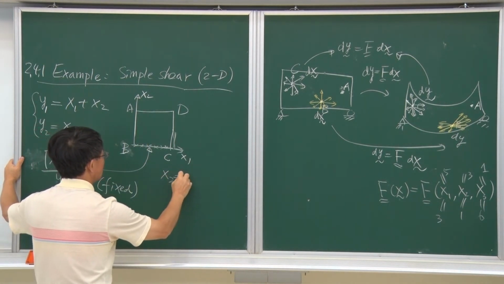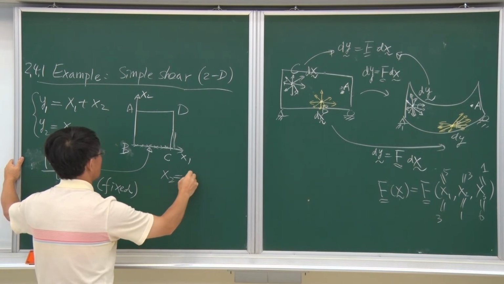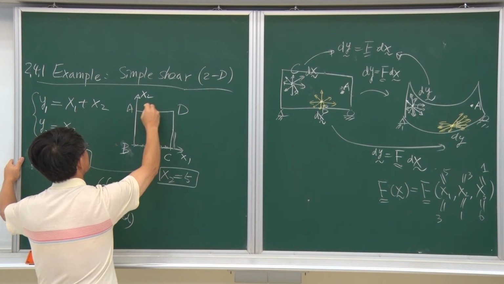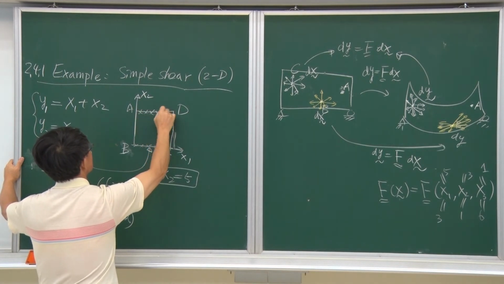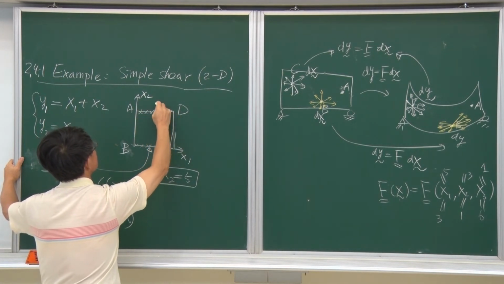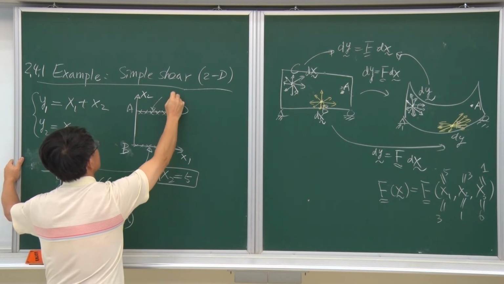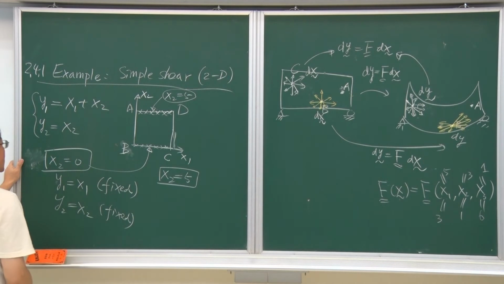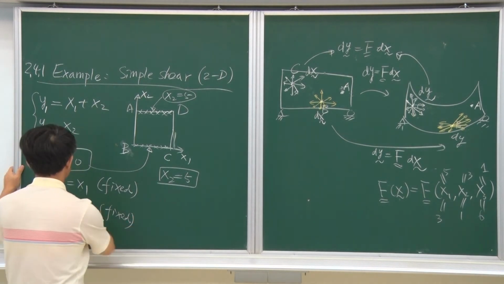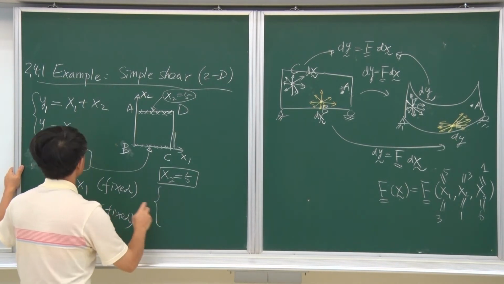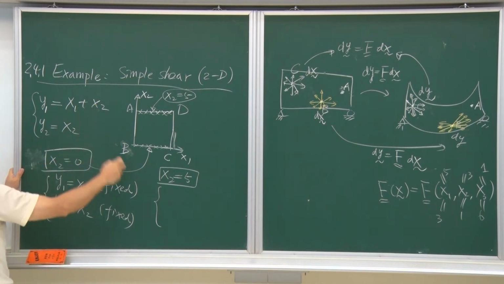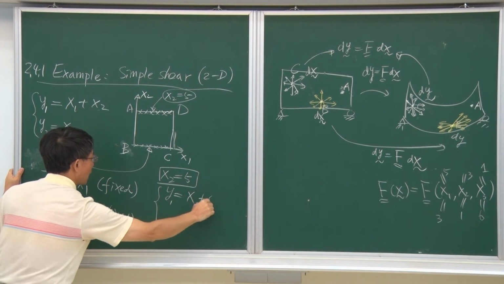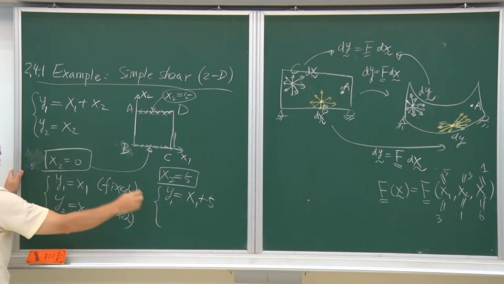But how about this? x2, for example, equal to 5. Along this line, what will the deformation be? x2 equal to 5 now. y1 equal to x1 plus 5, and y2 equal to x2.